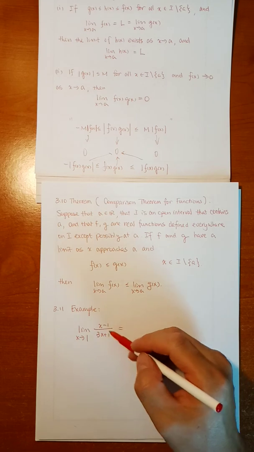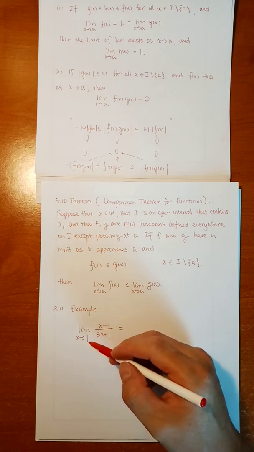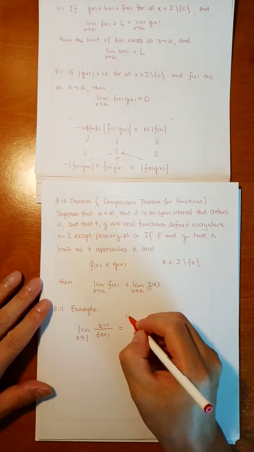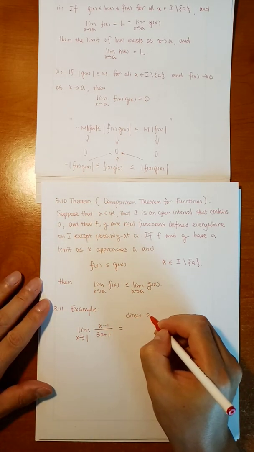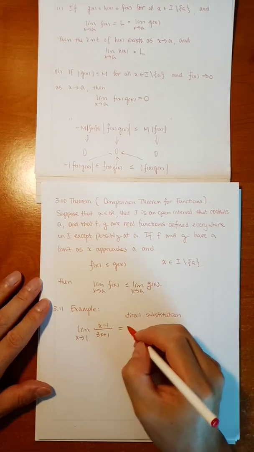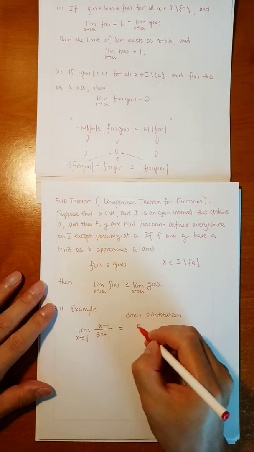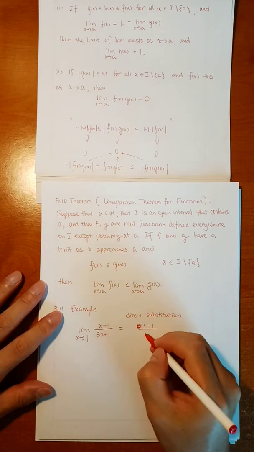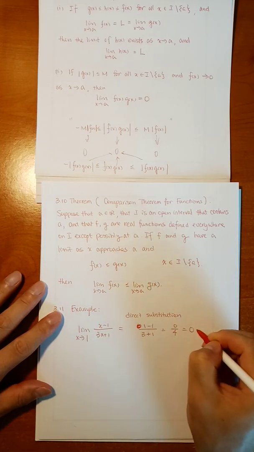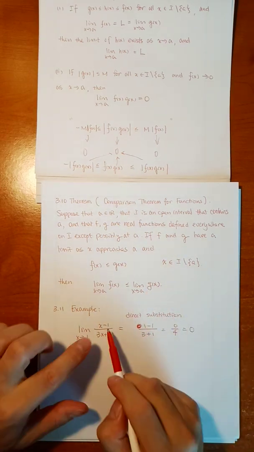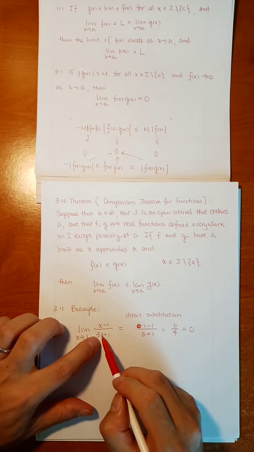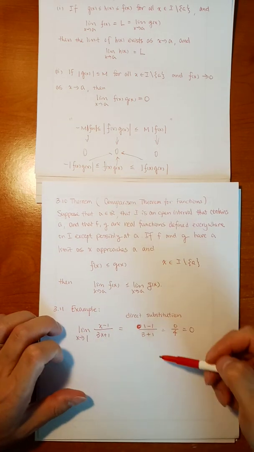And the denominator is never 0 when x is close to 1, and the limit of the denominator is not 0. So you can try direct substitution. You let x be 1 for the numerator and the denominator to directly have 0. And this is actually the limit laws: the difference rule, the coefficient rule, the sum rule, and the quotient rule.